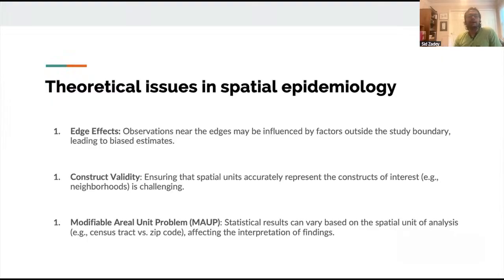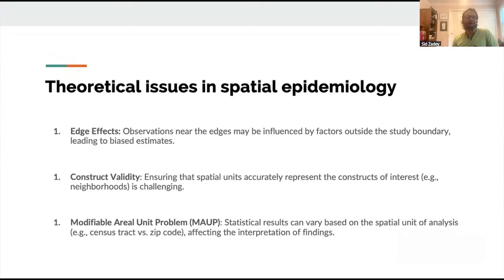We can have edge effects, meaning that there can be factors outside the spatial unit that can influence the intervention effects or treatment effects of our spatial unit. We can have construct validity issues, so basically figuring out whether the exposure that we are looking at is really suitable to be assessed at any given level.